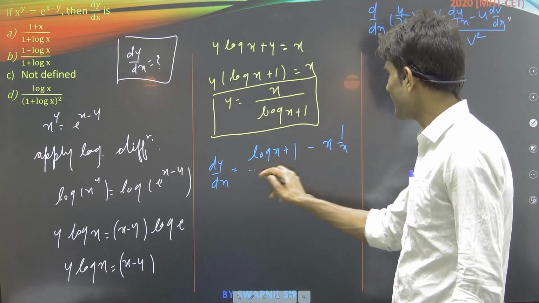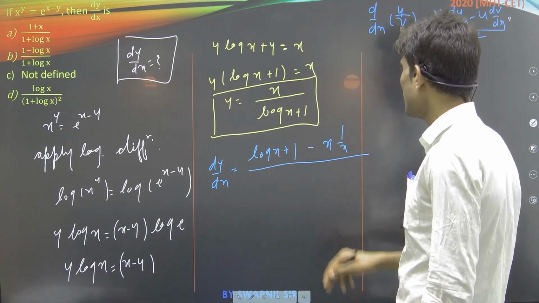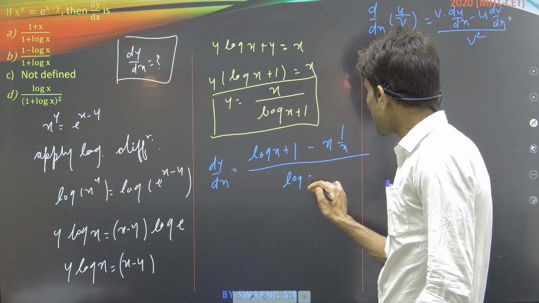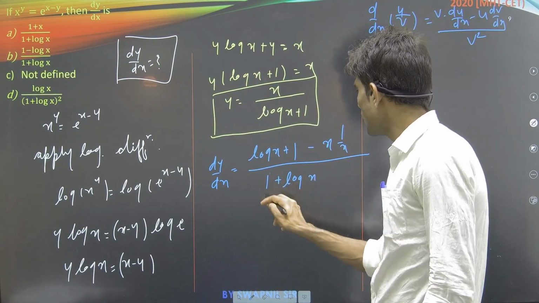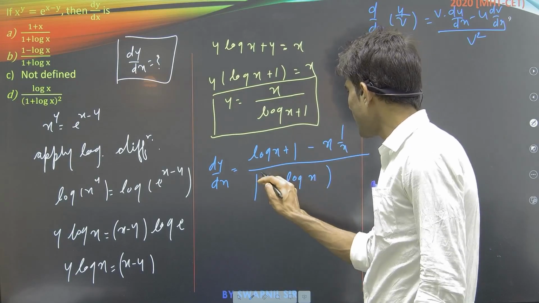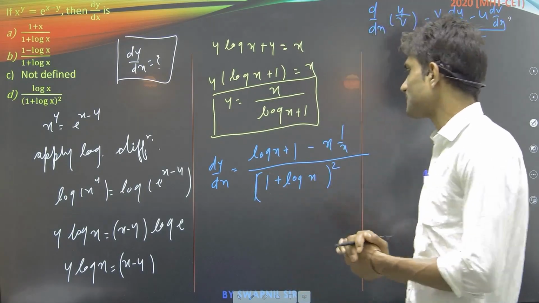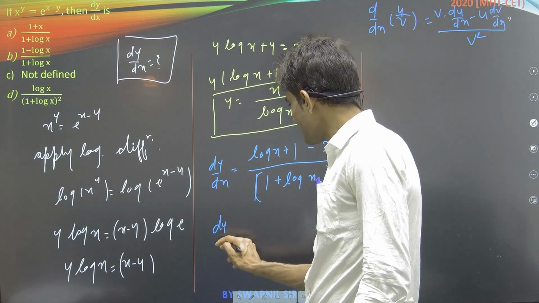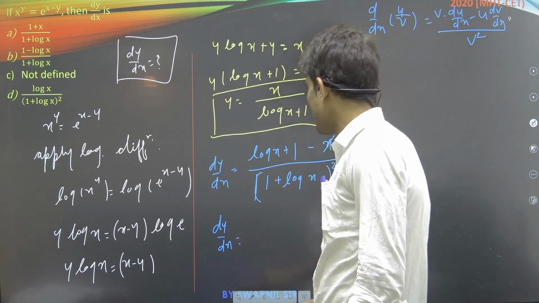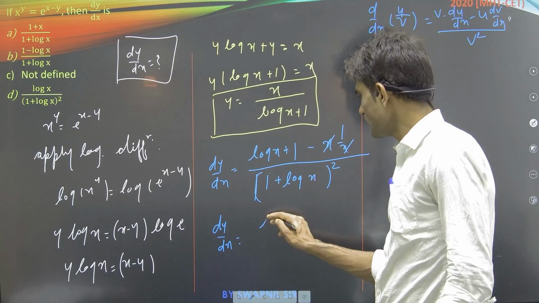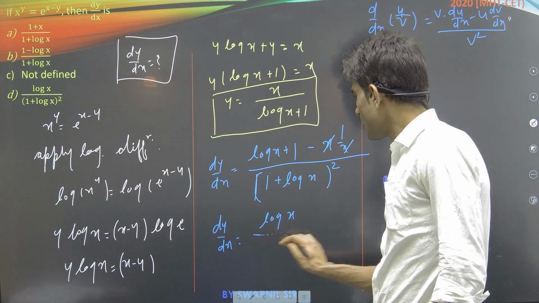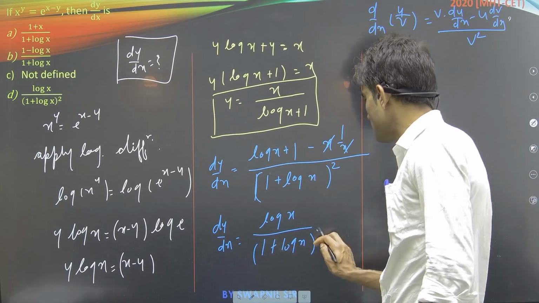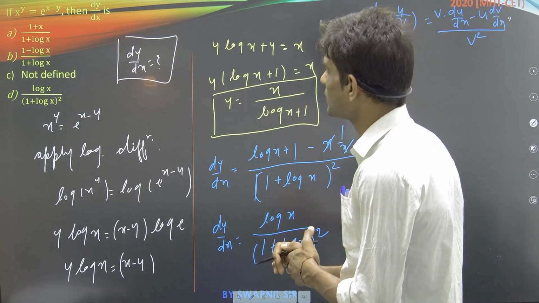So the next step: log x plus 1 minus x into 1 by x, over v square, that means the entire bracket of log of x plus 1 squared. Now see that x can be cancelled, so dy by dx can be written as: plus 1 minus 1 cancelled, so log of x completely divided by 1 plus log of x, bracket square. That is, log of x upon 1 plus log of x, bracket square.